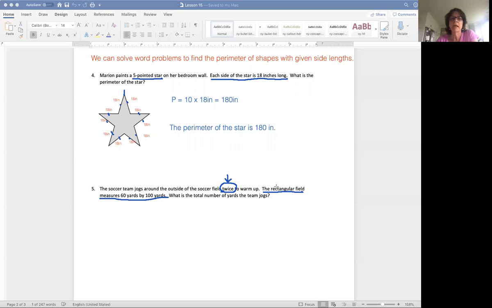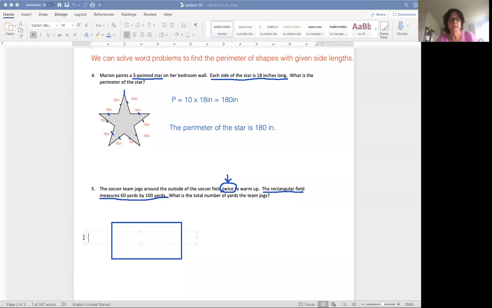We know it's a rectangular field. It says it right there. So I'm going to draw a rectangle here. And one side is 60 and one side is 100 yards. So when I label it, I want to make sure that I do the 60 yards on the short side.